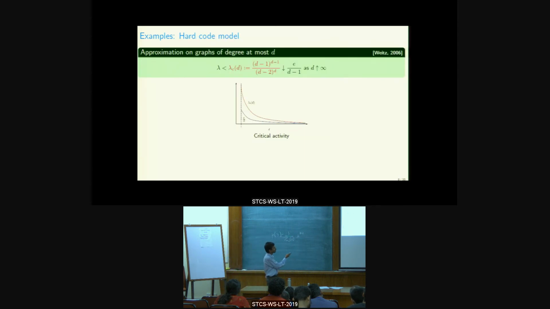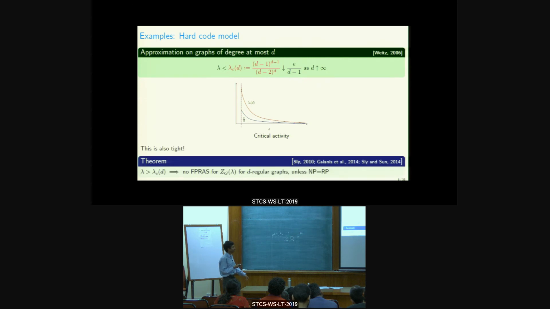So there is just one critical activity, and what Weitz showed is that as long as your lambda is smaller than the critical activity for that D, you have an FPTAS, and on the other side you have no efficient algorithms unless NP is equal to RP.